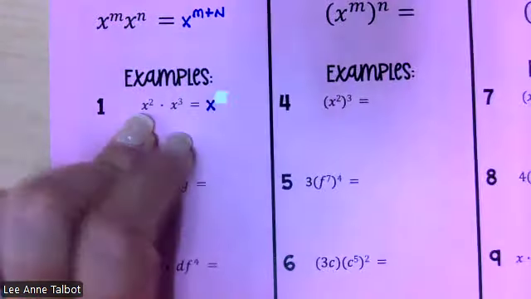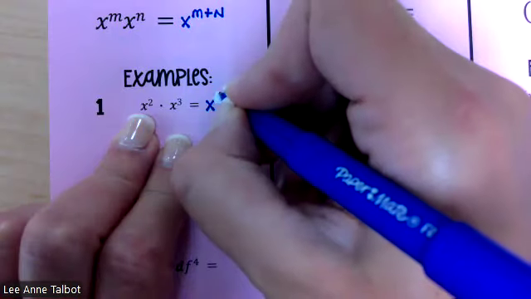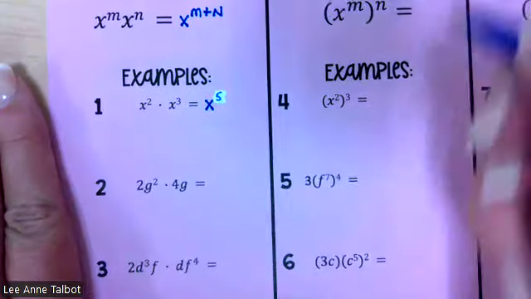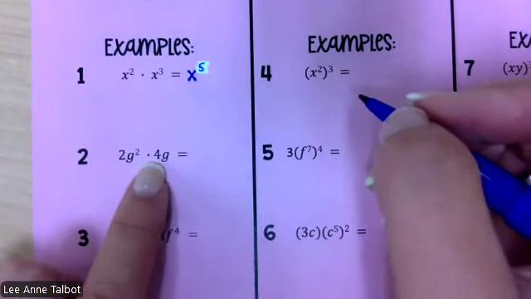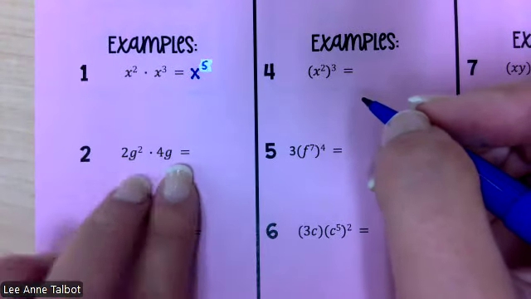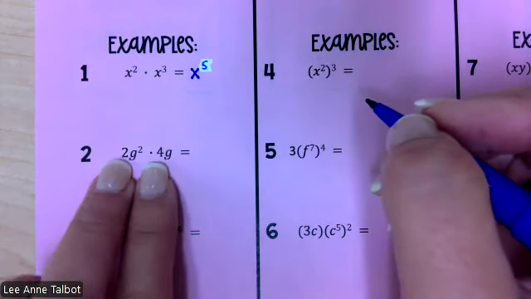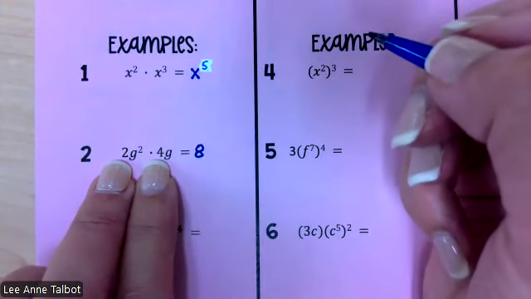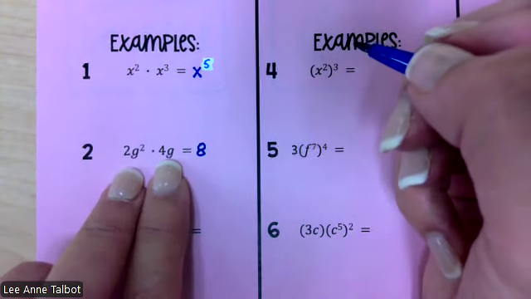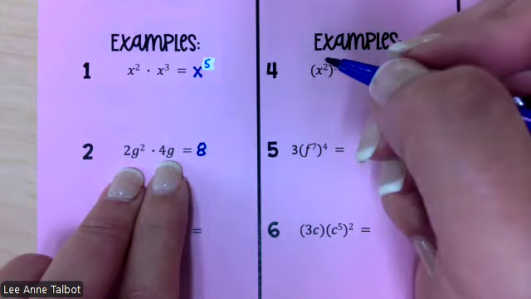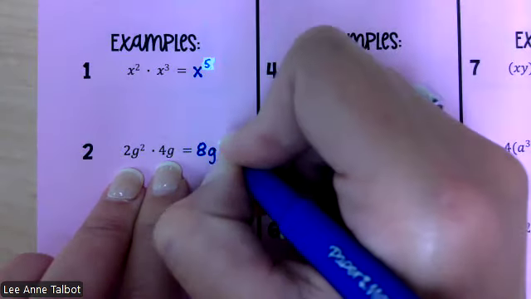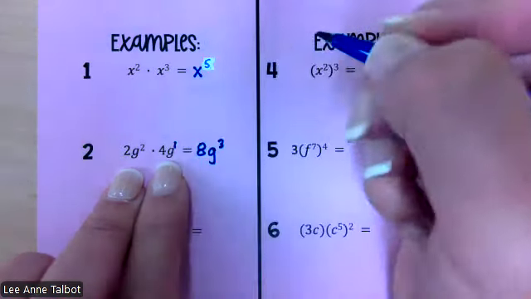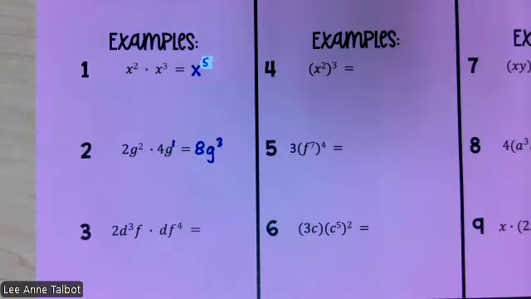Oh no. There we go. 5. Okay, now number 2. Multiply the numbers in front to get 8. And then how many g's do I have total? 3. If you need to, put a little 1 on that guy.